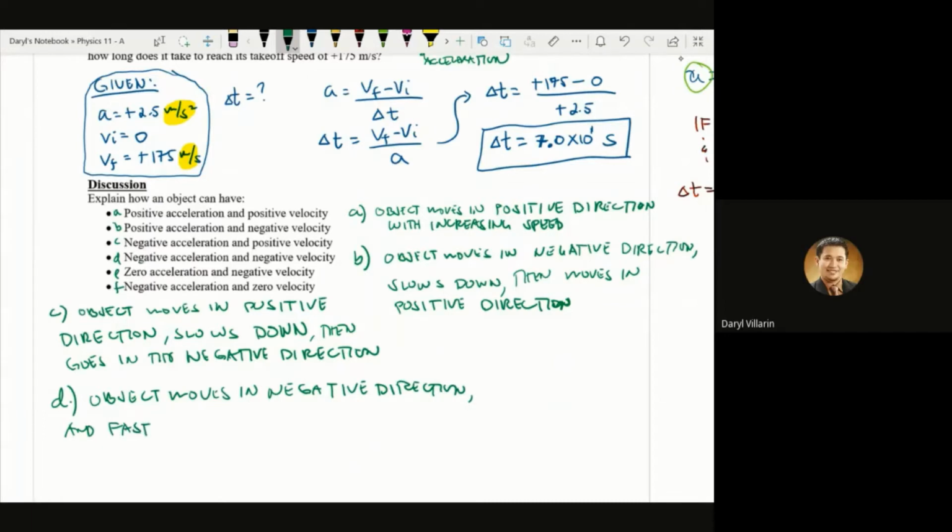Okay. So the magnitude increases. It's just that it's moving in the negative direction. So it moves faster.